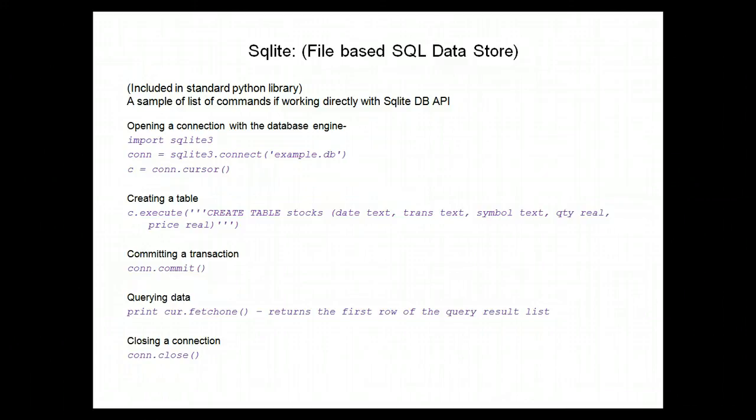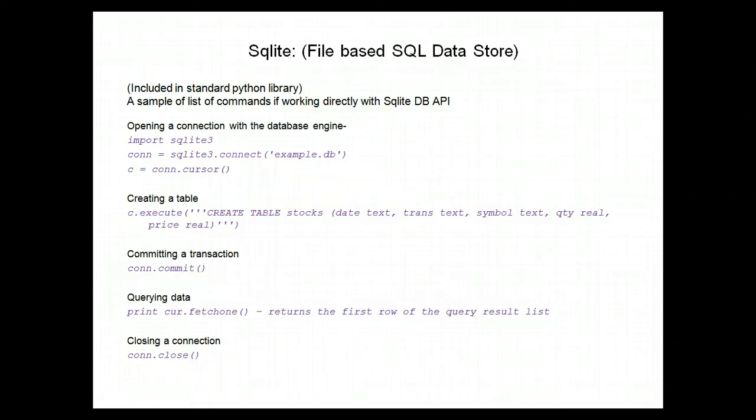And then you need to get a cursor object, which then allows you to run your SQL commands. So c.execute is the main method that you're going to use to execute all your SQL commands, whether it's create table, a select statement, or any other SQL query, any insert statement, things like that.